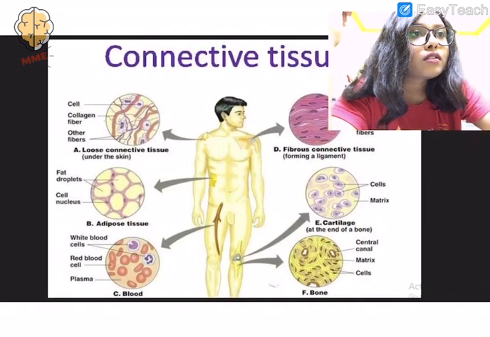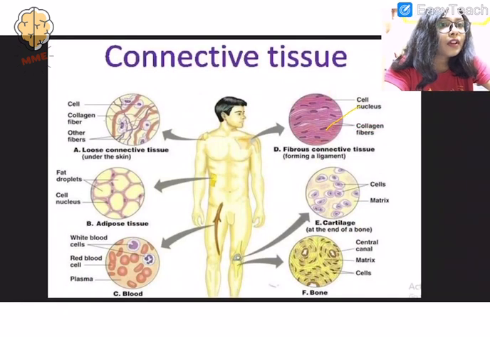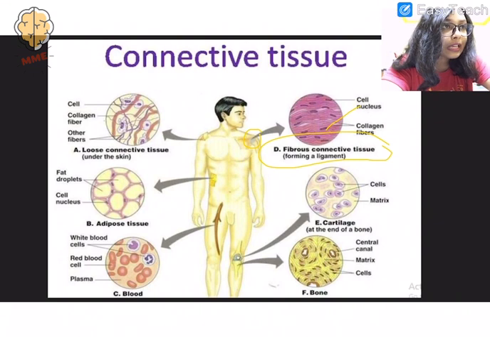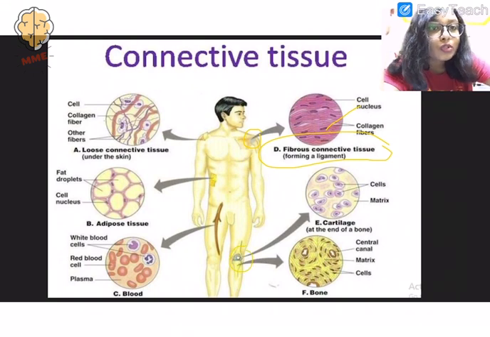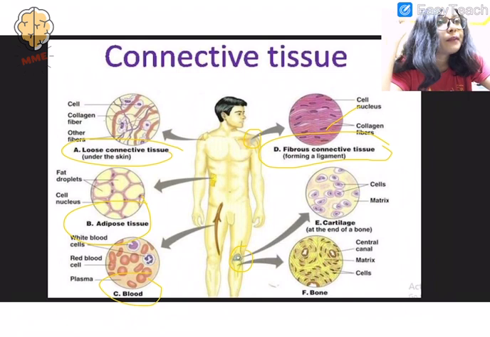Here you can see different body parts and different connective tissue: fibrous connective tissue in the ligaments, then in the cartilage, in the bone, in the adipose tissue, in the loose connective tissue, in the blood. Even the blood is a specialized connective tissue. Remember this.